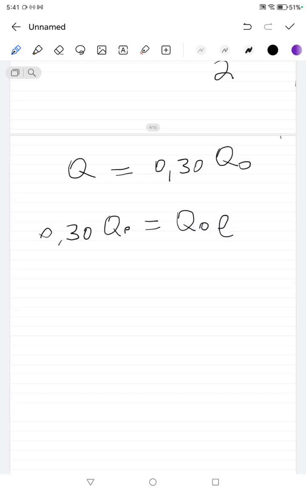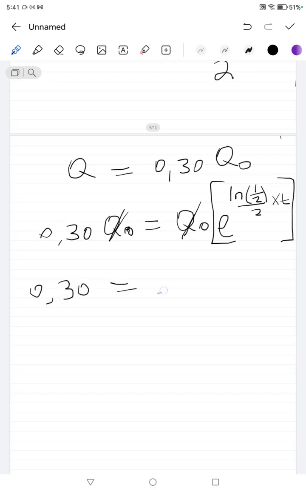What do you have? You have e to the exponent k, which is ln of 1 over 2 divided by 2, times t. The Q0 cancels, and you're left with 0.30 equals e to the exponent ln of 1 over 2 by t. Okay, we're getting there.